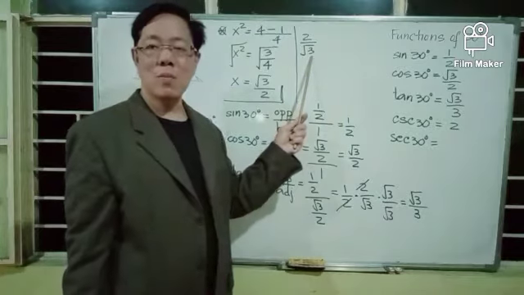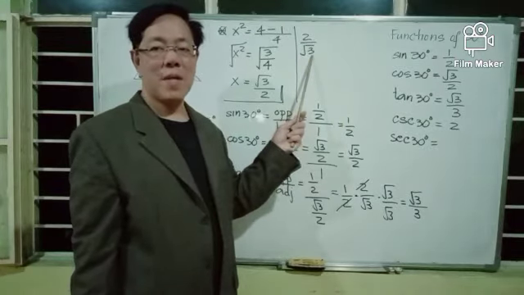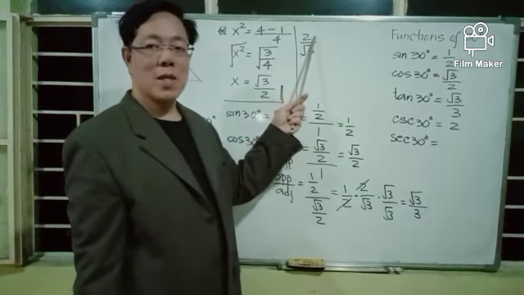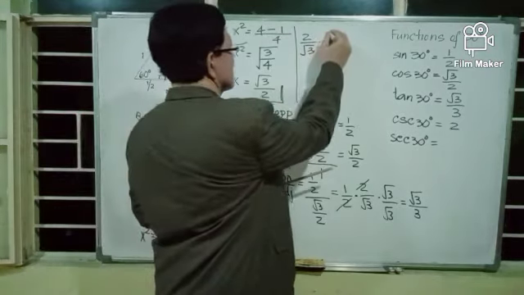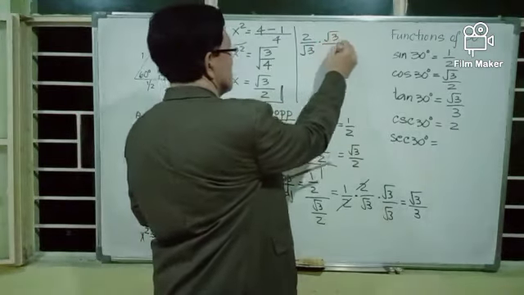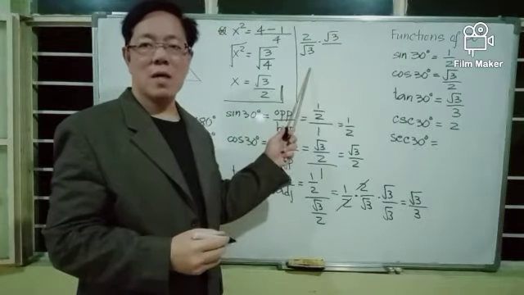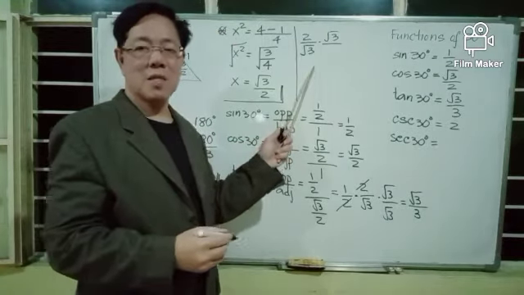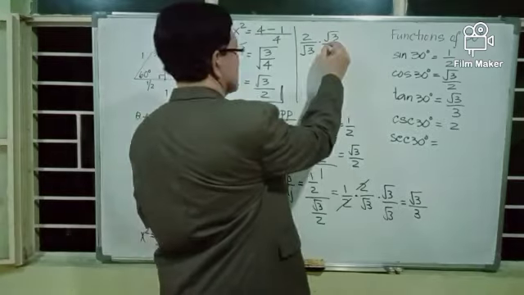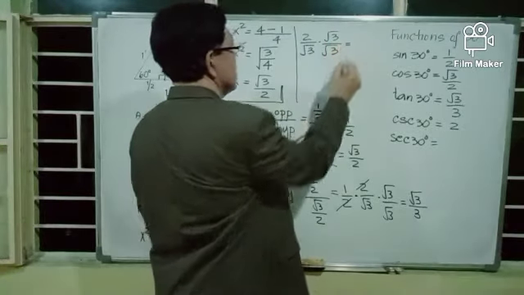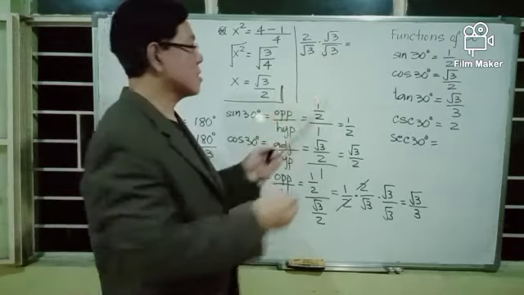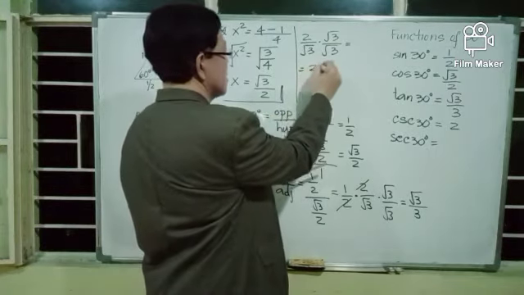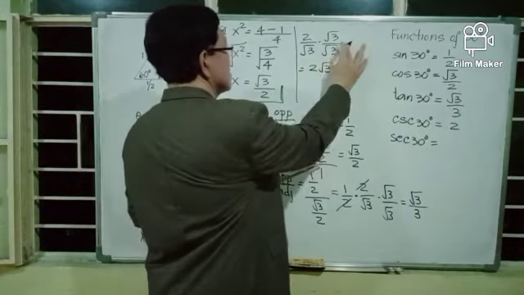We want to remove the radical sign from the denominator. So we multiply the numerator 2 by square root of 3, and we also multiply the denominator square root of 3 by square root of 3. The numerator is 2 times square root of 3.